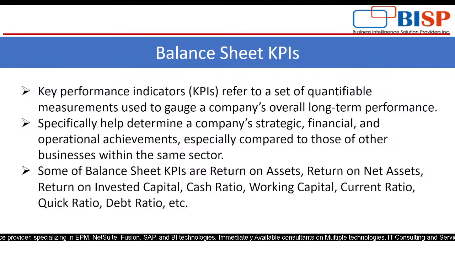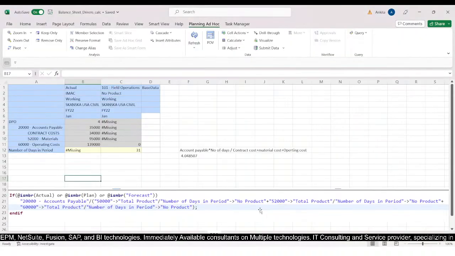So some of the balance sheet KPIs are return on assets, return on net assets, return on invested capital, cash ratio, working capital, current ratio, quick ratio, debt ratio, and many more. So I'll show you this in our instance.